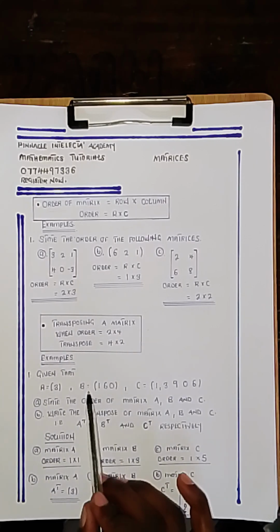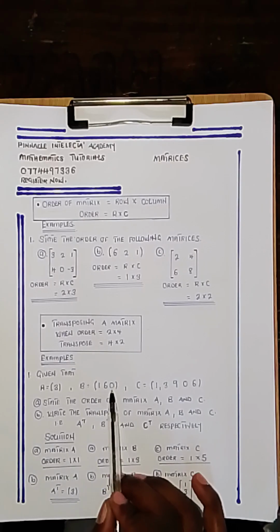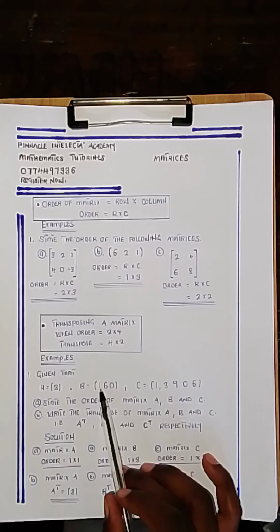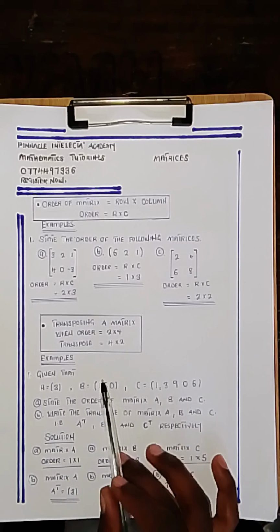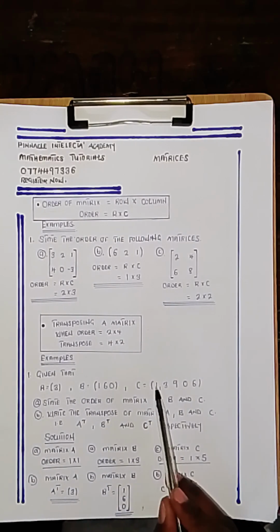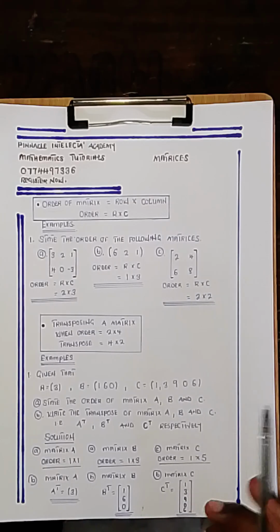Then state the order of matrix B, which is 1, 6, 0. The order of this matrix is 1 row and 3 columns, so matrix B has order 1 by 3. And then we have matrix C, which is 1, 3, 9, 0, 6.